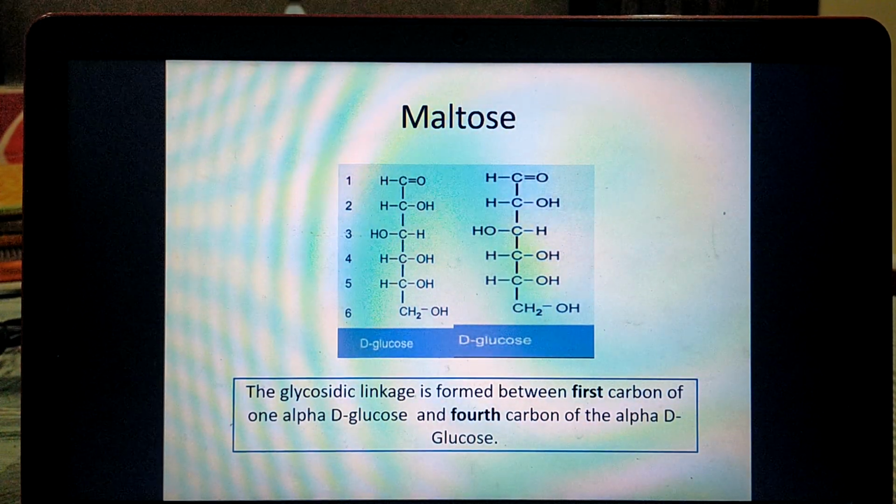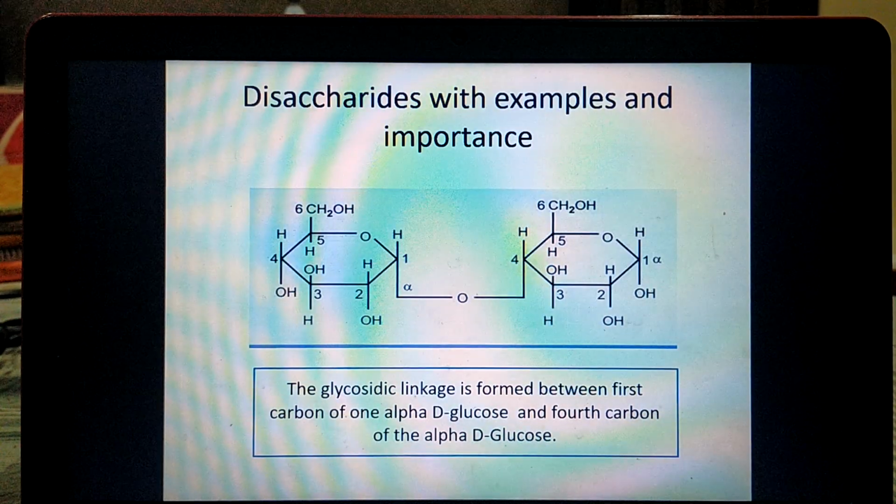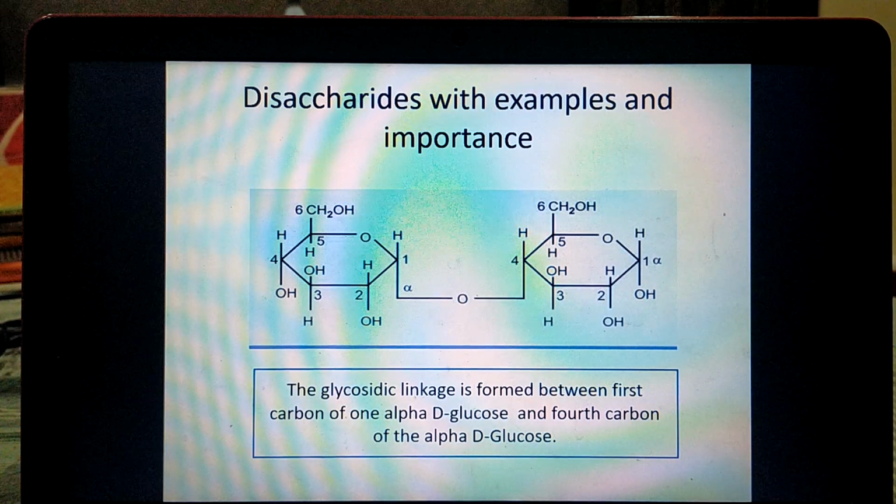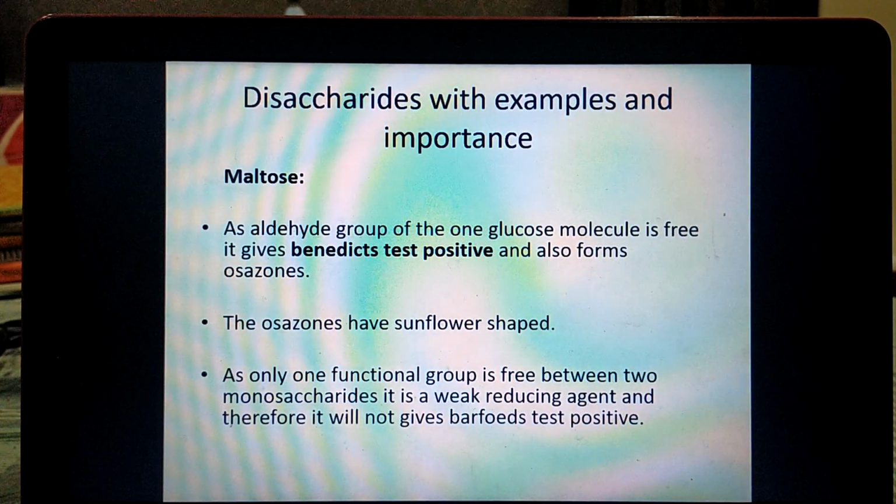Therefore it gives a positive Benedict test and it is a reducing sugar. This is the Pyranose formula for maltose. So this is about the reducing nature of maltose.